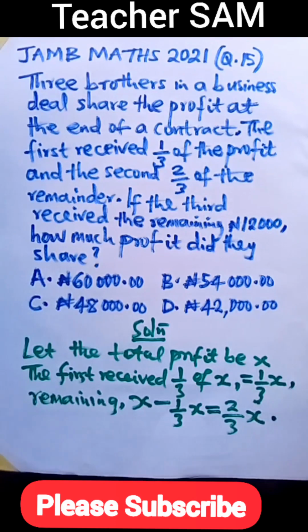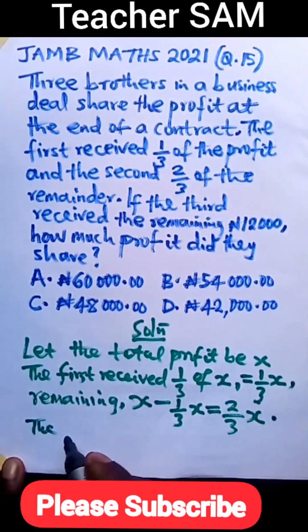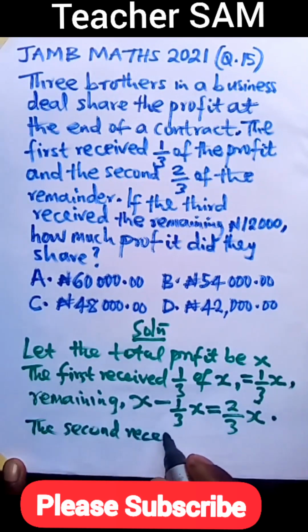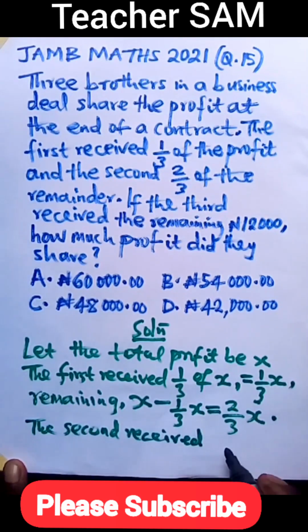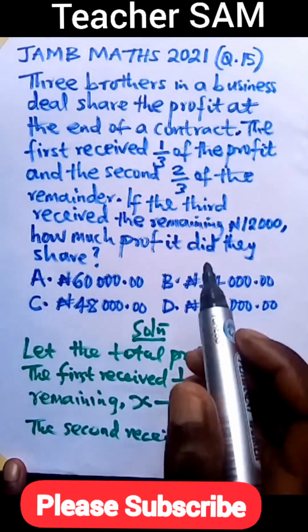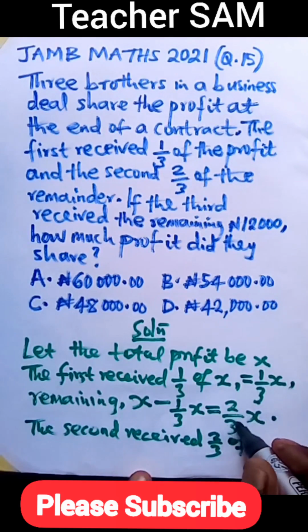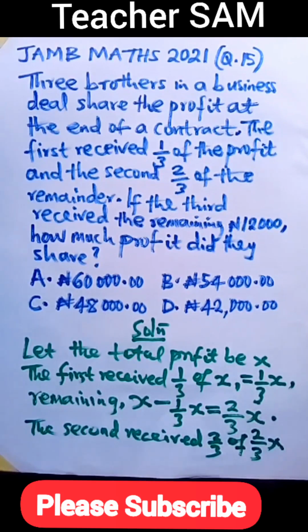Now the second received, according to the question, 2/3 of the remainder. This is the remainder, 2/3X, so the second received 2/3 times 2/3X.